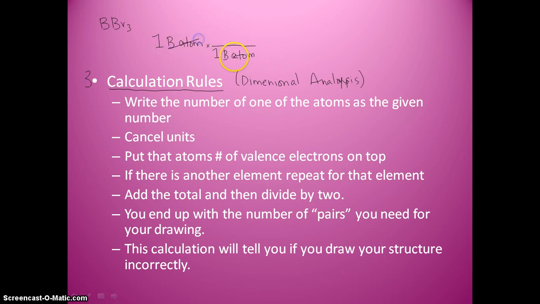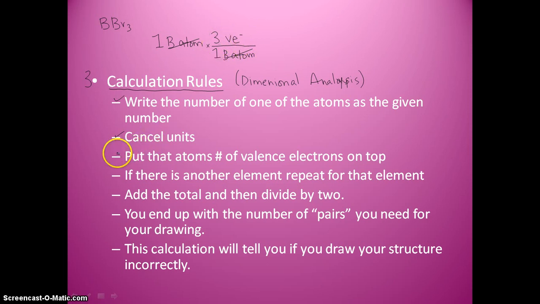So here we're just canceling out boron atoms. So we cancel out our units, okay? And then we put the number of valence electrons on top. So how many valence electrons does boron have? 3. 3 valence electrons, and I always label it e negative because otherwise it just takes too much room.